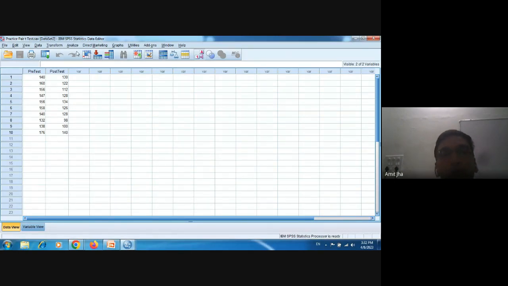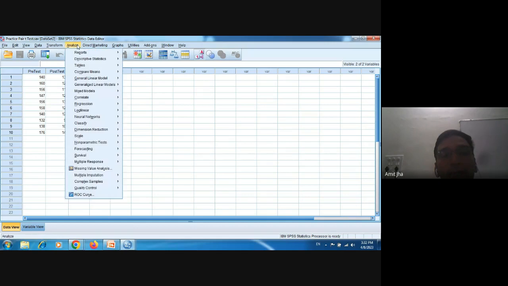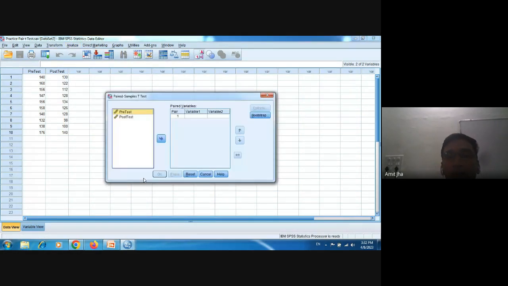So now we will go for analyze. Under analyzing part, you go for paired sample t-test. So we will have this window open with us. Now paired t-test, this is a pre-test, means the data relating to blood glucose before having the drug.